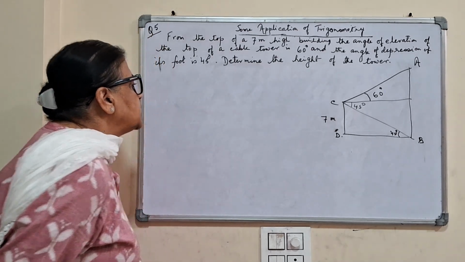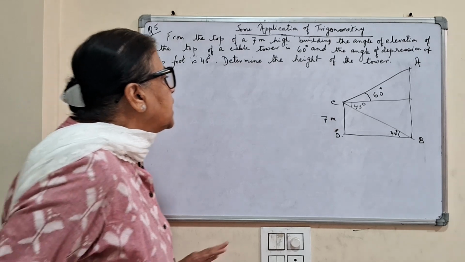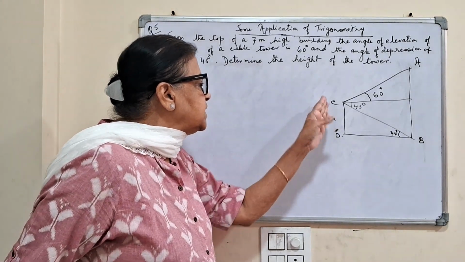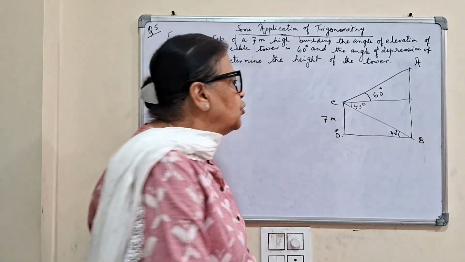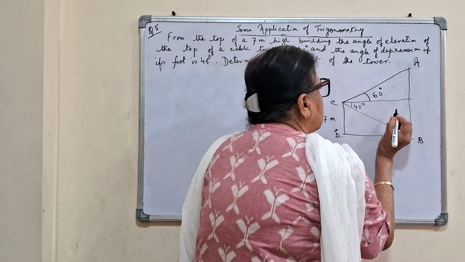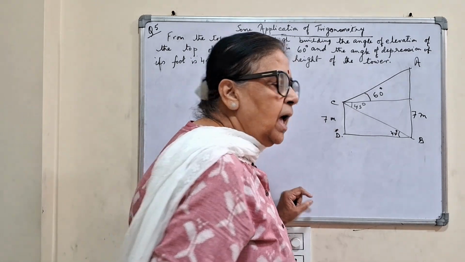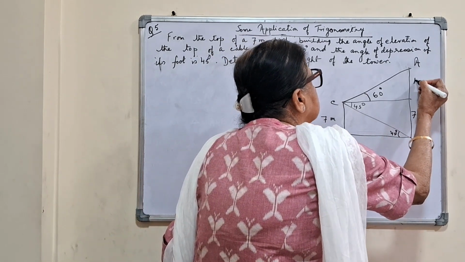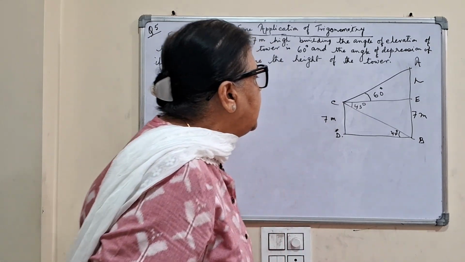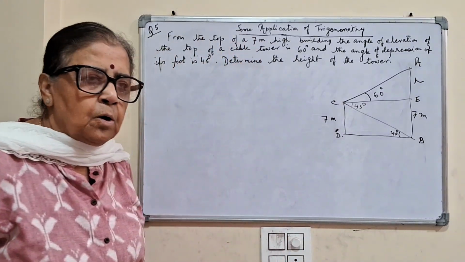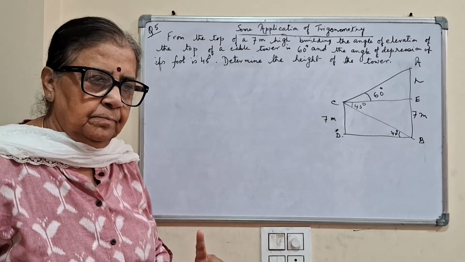Determine the height of the tower. Here the building is CD and AB is the tower. We complete a rectangle here. This will be 7 meters, and let AE be h. Then the height of the tower will be h plus 7.